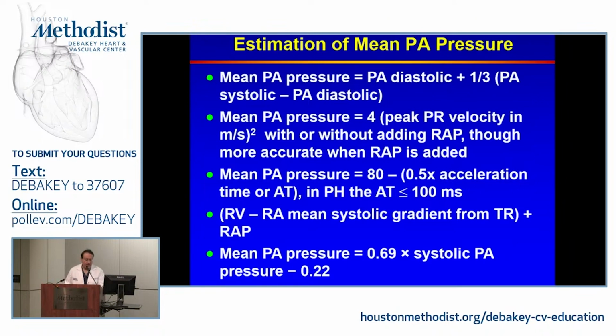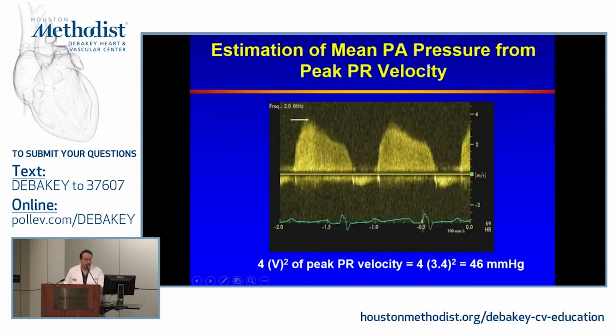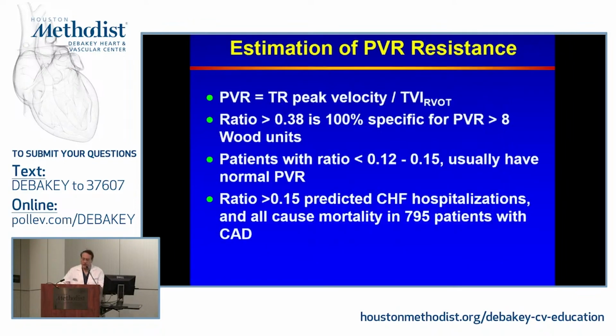And for that reason, whether we use the mean gradient or the actual pressure value in a regression equation, you can get mean PA pressures. That last particular equation has not been used a lot, though you may see more of it in research studies. So that's the peak velocity that we were talking about, the easiest one to do, and it is the 4V squared. And here, without adding any RAP, you can see there is a significant degree of pulmonary hypertension with a very high mean pressure.